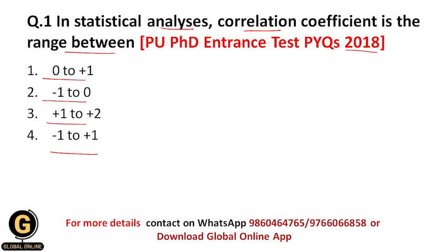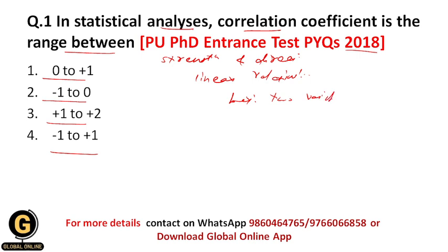So students, the correlation coefficient is a statistical technique through which you can measure the strength and direction of a linear relationship between two variables. The range of this correlation coefficient is minus 1 to plus 1.